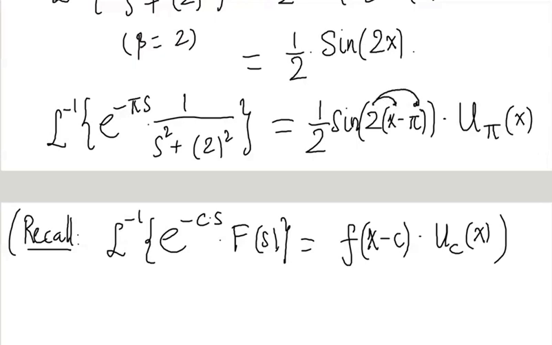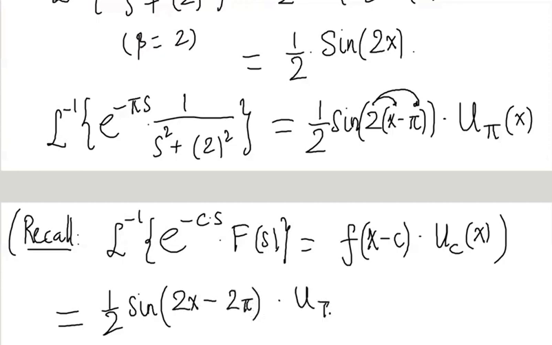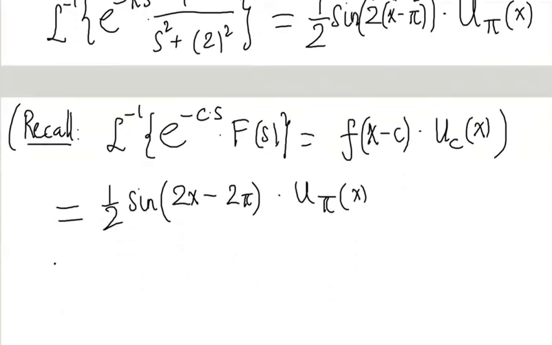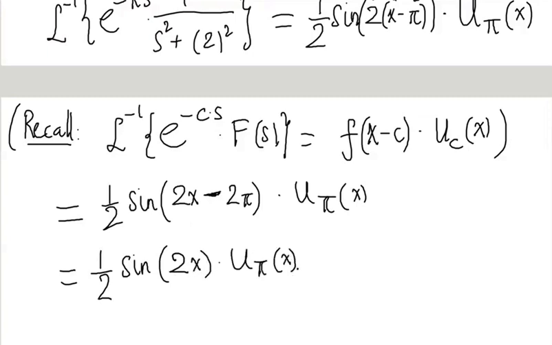Distributing, we would get a half sine of 2x minus 2 pi, and then we multiply u pi of x at the end. Recall that sine is a periodic function with period 2 pi. So when we add or subtract 2 pi or a multiple of 2 pi, we get the same value for sine. So the same, sine of 2x times u pi of x.